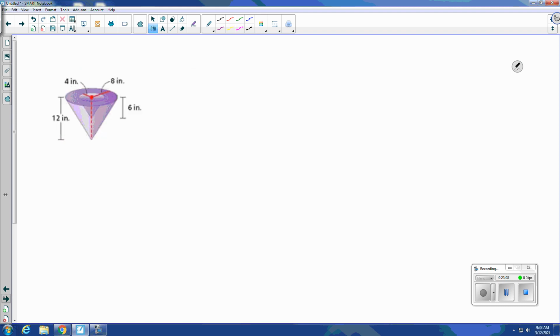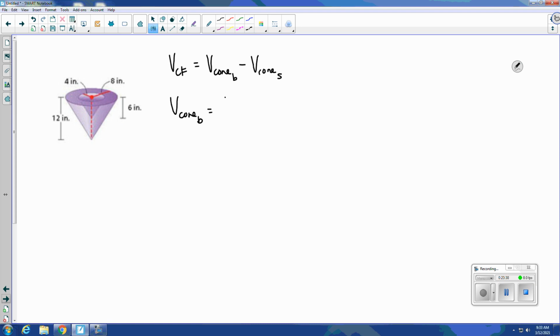So let's look at the next one. We have a cone and a cone. So let's do the volume of our composite figure, which is going to be the volume of the big cone, we'll do sub B again, minus the volume of the small cone. Okay, so the volume of the big cone. We'll use a capital R for the big cone radius and a lowercase r for the small cone radius.